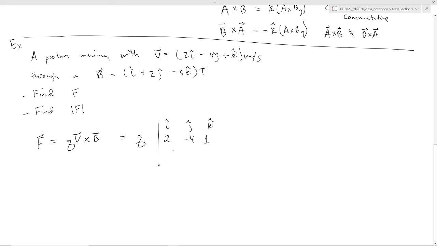And our B pieces, we would have 1, 2, and -3. Okay, so what would this look like? Well, I'm just going to keep the q out here.